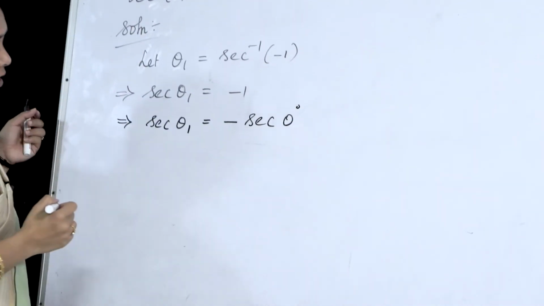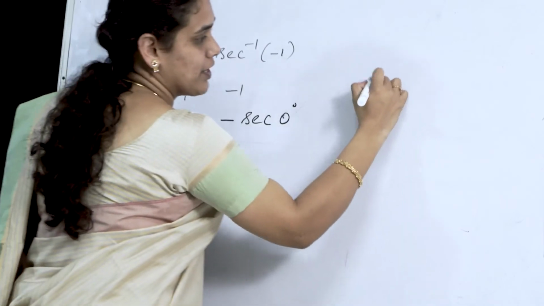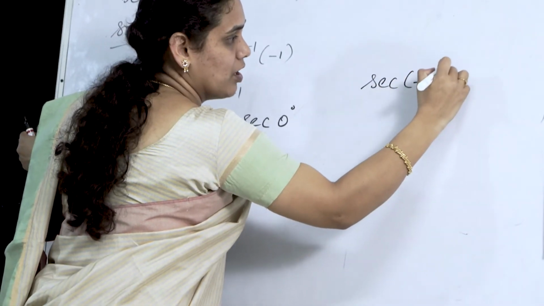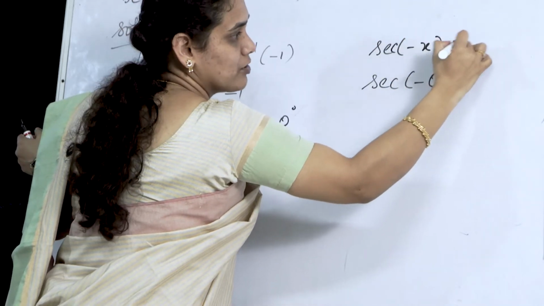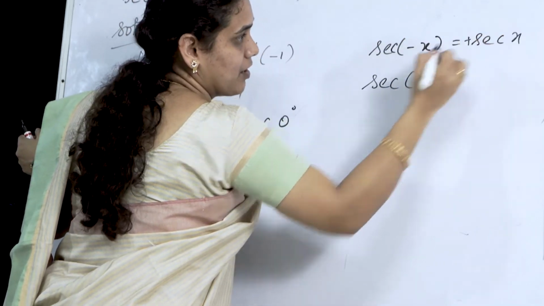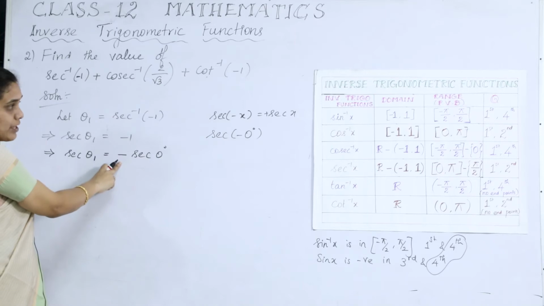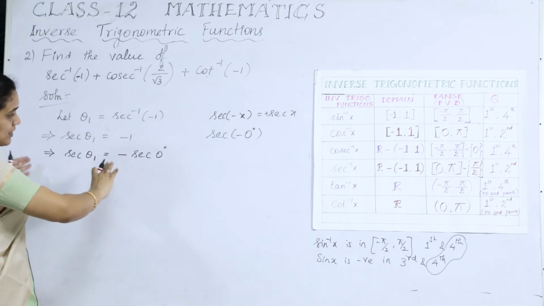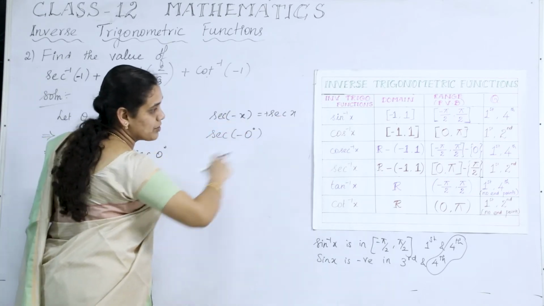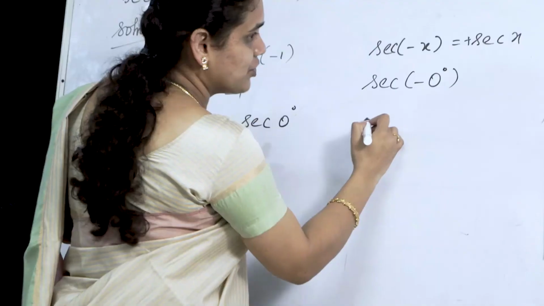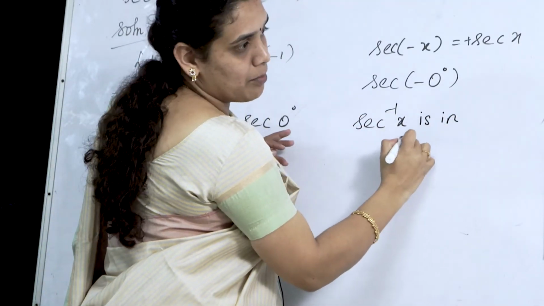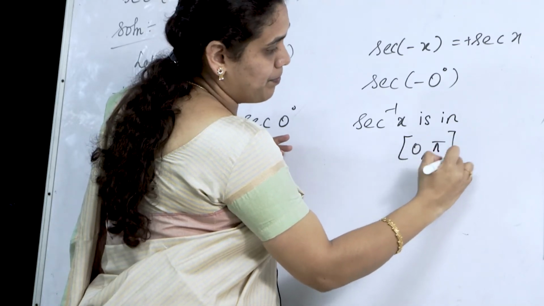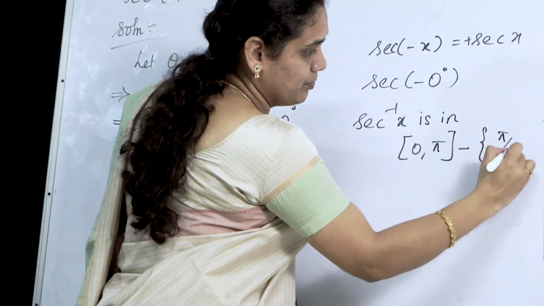Okay. So here we cannot write this one as secant minus 0 because secant minus x is equal to secant x only here. But we have minus, right? So we cannot take that one. Okay. And at the same time we have to check it out in our principal branch also. Our principal branch is secant inverse of x is in 0 comma pi excluding pi by 2.